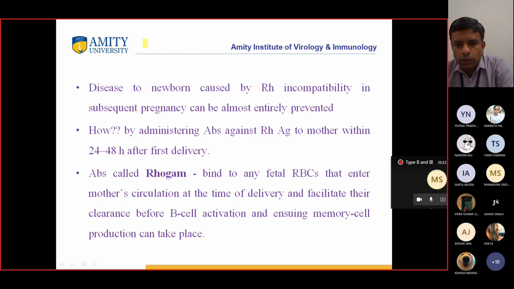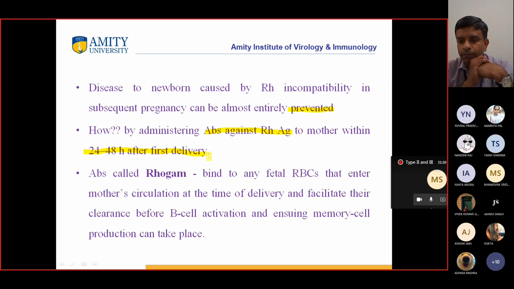Disease to the newborn caused by Rh incompatibility in subsequent pregnancy can almost entirely be prevented. How? By administering antibodies against Rh antigen to the mother within 24 to 48 hours of the first delivery.